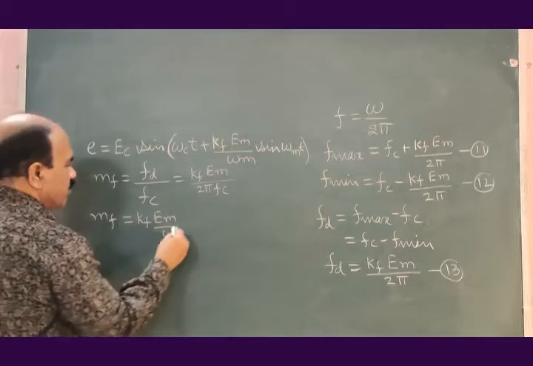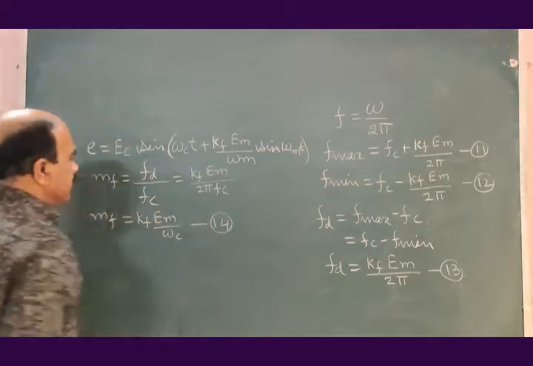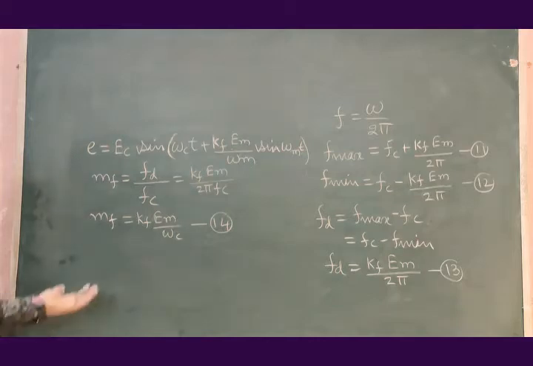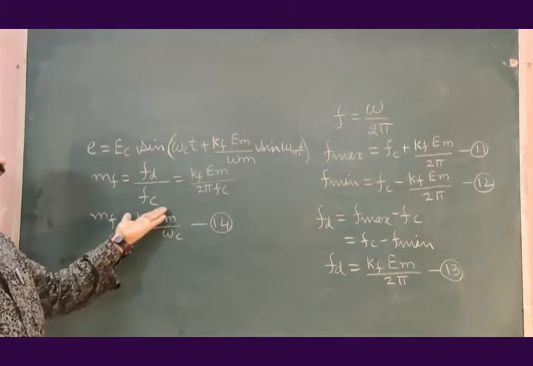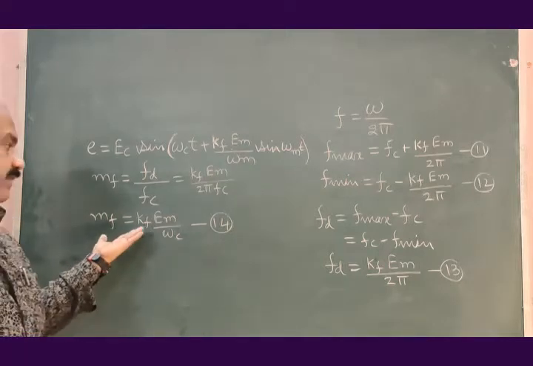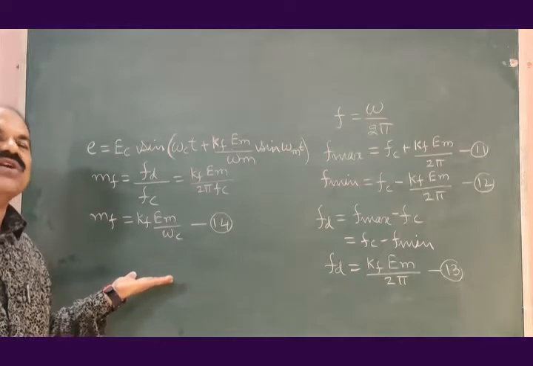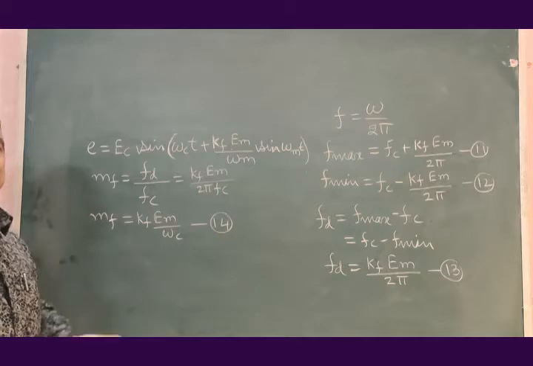So the modulation index of the frequency modulation is simply given by mf is equal to kf into em divided by omega c. It gives the depth of modulation or modulation factor of frequency modulation.